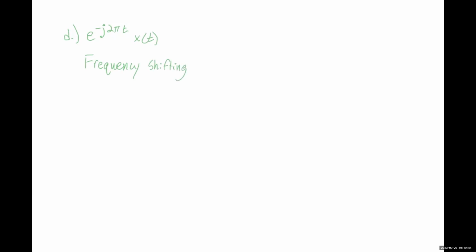And for this, we once again have the omega and 2 pi over t definition. So we're going to use the 2 pi over t definition. We get e to the j m times 2 pi over t times t, x of t. That is our signal.